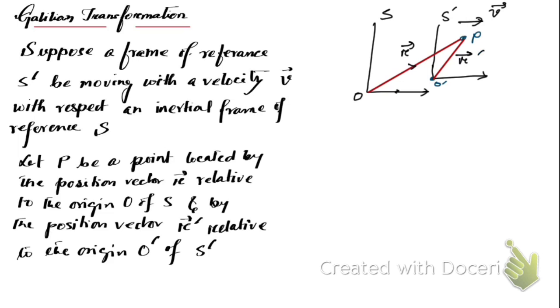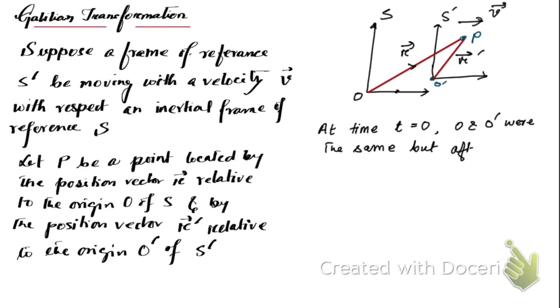Now let us consider that at time t equal to 0, O and O dash were the same, but after t seconds there is a separation between them.